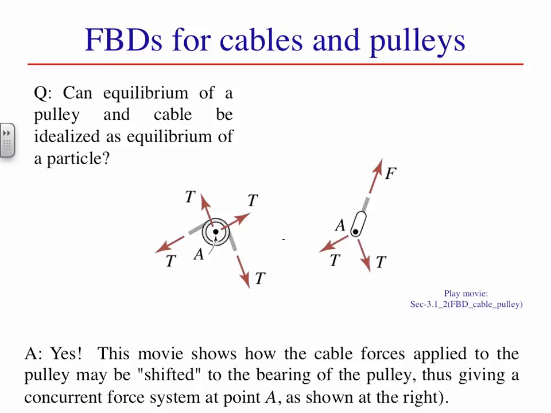Perhaps the only thing not shown by this movie is the fact that the upper cable segment bisects the angle subtended by the two belt tensions T, so the angle theta is missing from this movie. We could fix that by annotating these two separate free body diagrams with the angle theta.